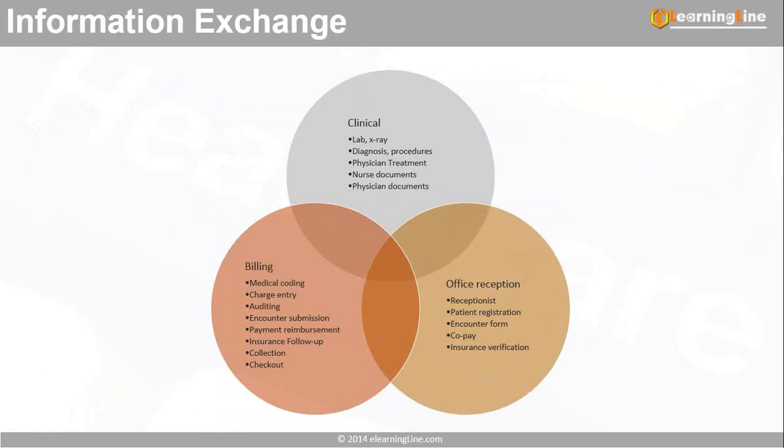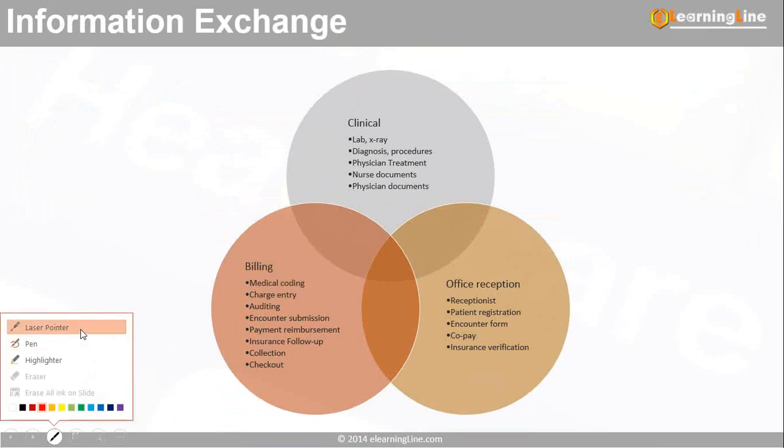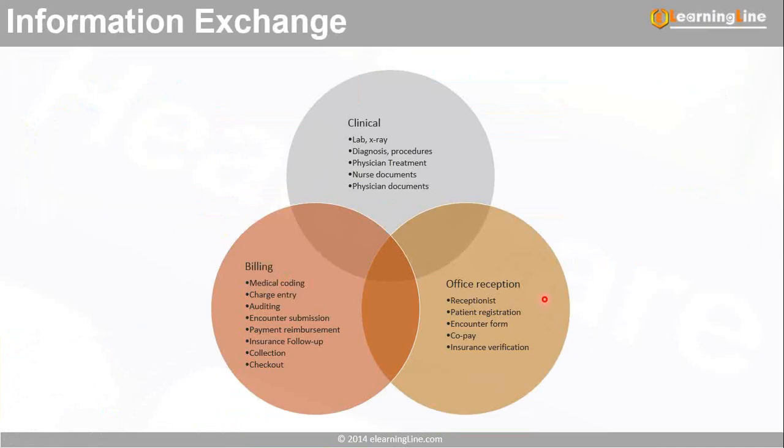Think as an analyst, whether a quality assurance analyst or a business analyst, these are the three sides where you have to do the information exchange: the clinical side, the billing side, and the office reception. The entire process staff is sitting here, and this is the front face to the customer.